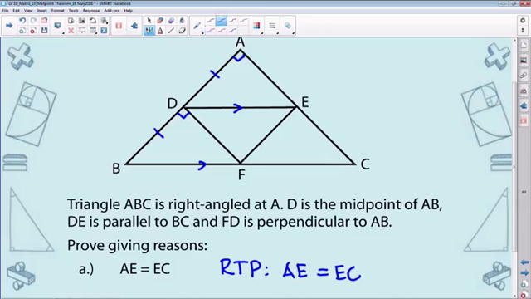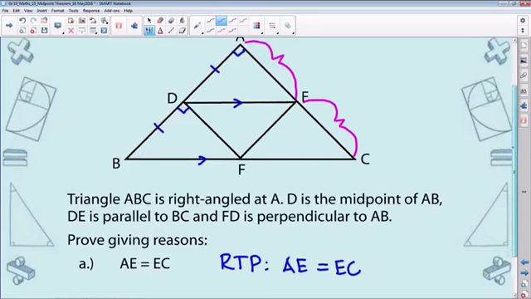And AE talks about this line over here, and EC talks about this line over here. How do we prove that those two are equal, other than by just saying they're equal? They are equal, aren't they? Why? Because of the midpoint theorem.